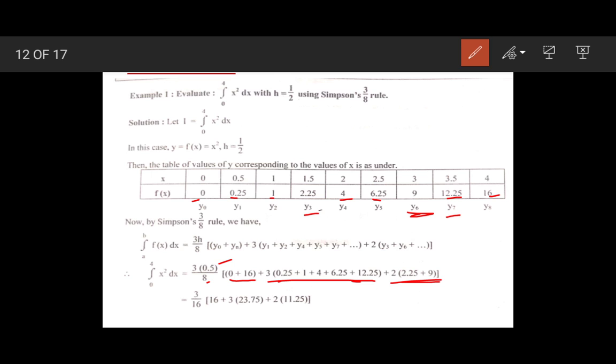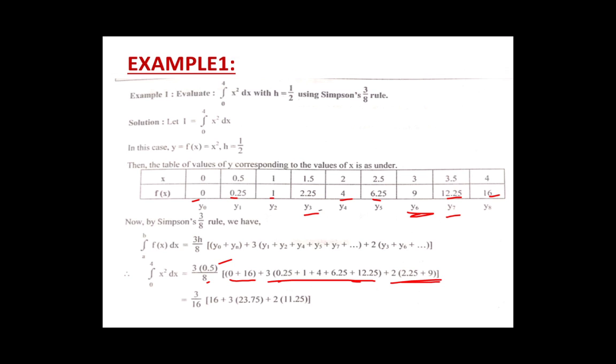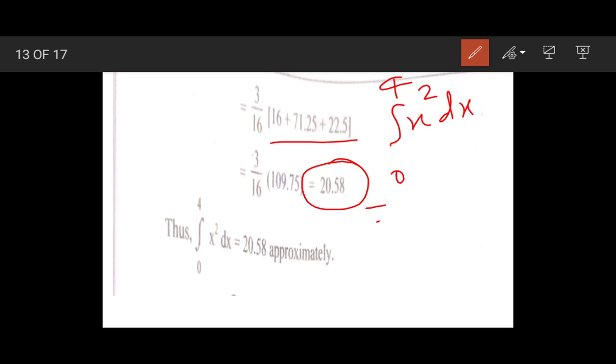By calculating this we get 3 upon 16 into 16 plus 71.25 plus 22.5. So that is equal to 20.58.